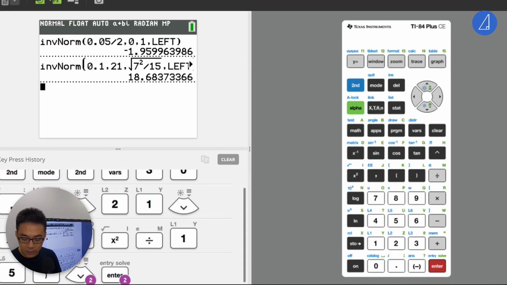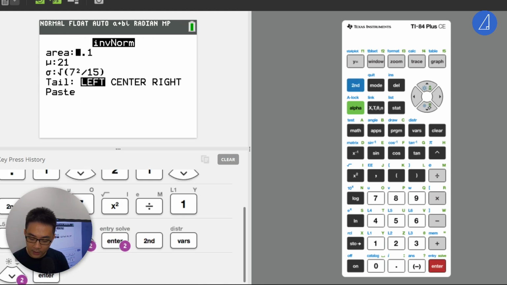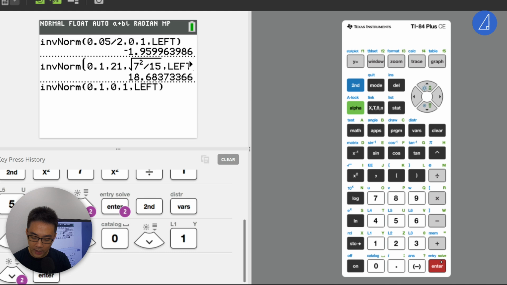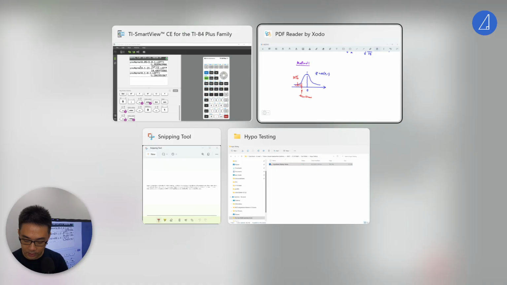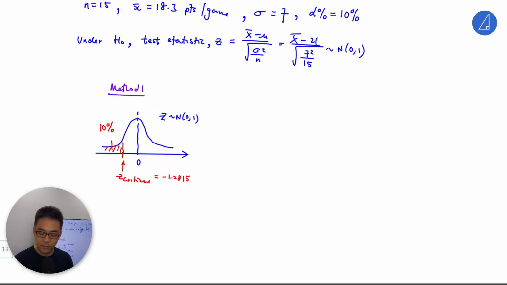Because you're using the standardized curve, inverse norm of 0.1 with 0 and 1, using left tail, will be negative 1.2815. It is Z critical. Any issue with that?